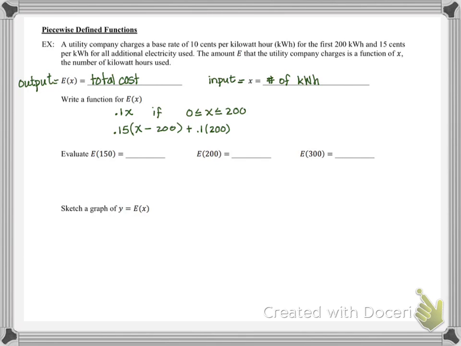Good. But again, this model falls apart too. It doesn't always work. In fact, if I used 100 kilowatt hours, would this give me $10? Because we know that's how much 100 kilowatt hours would cost, right? 10 cents each. If you plug 100 in there, do you get $10?